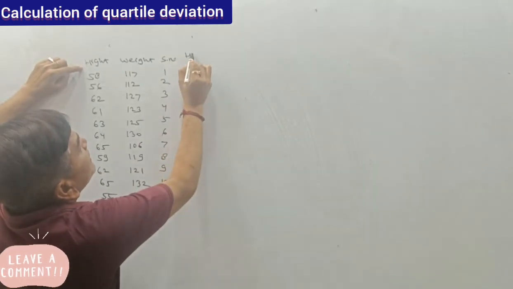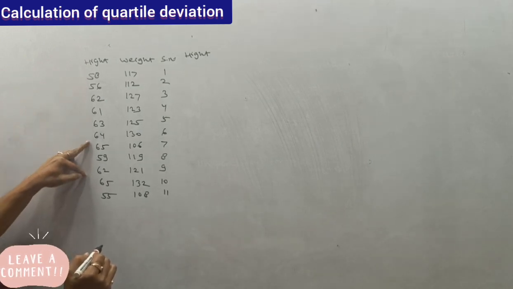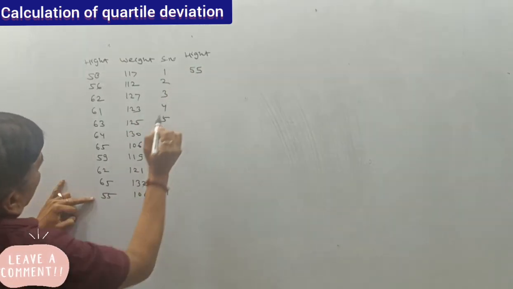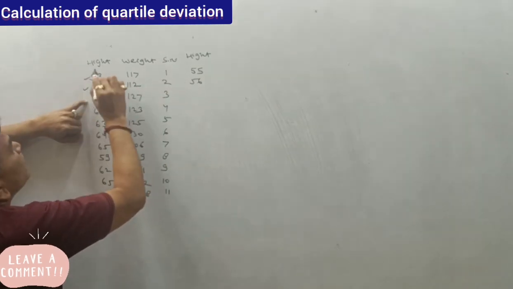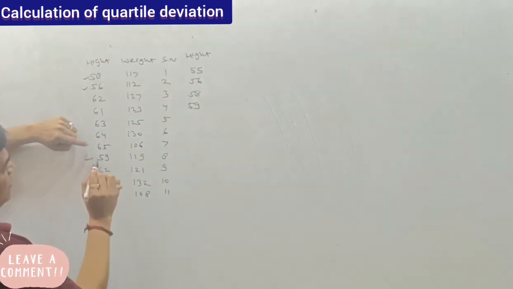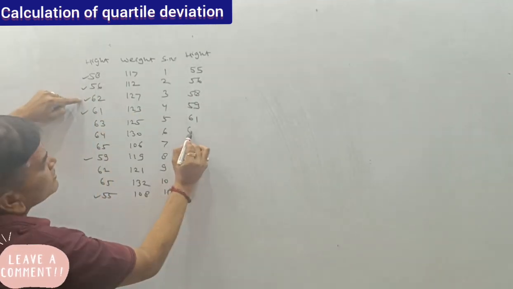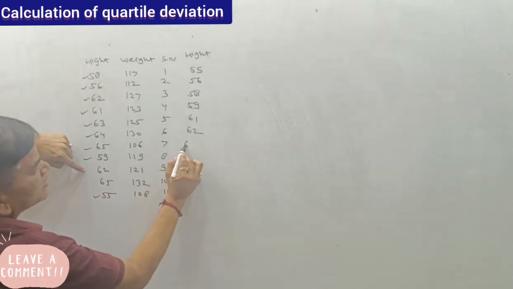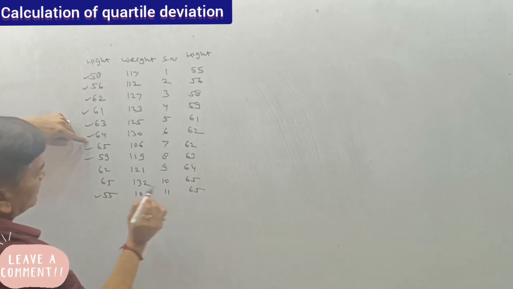For the height data, the smallest item is 55, then 56, then 58, then 59, then 61, then 62, 63, 64, 65, and 62 again, 63, 64, and 65 appears two times.